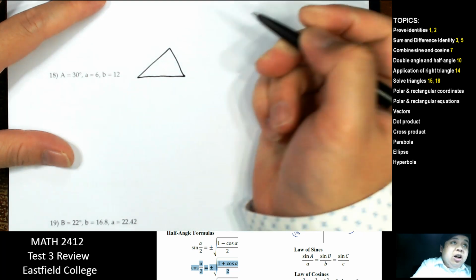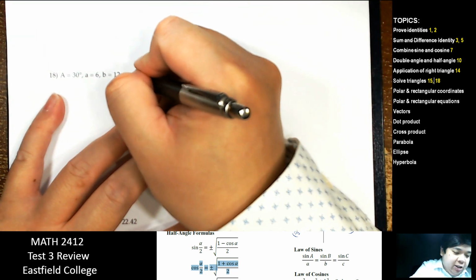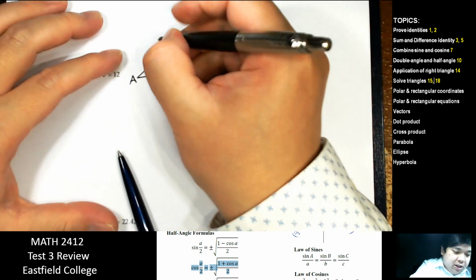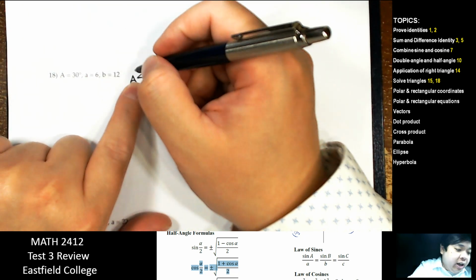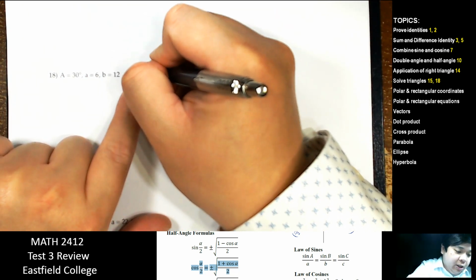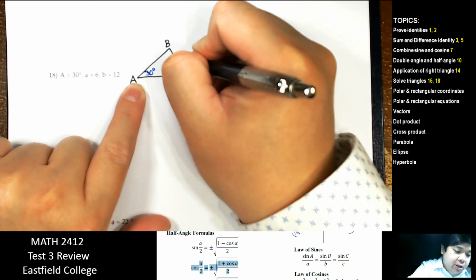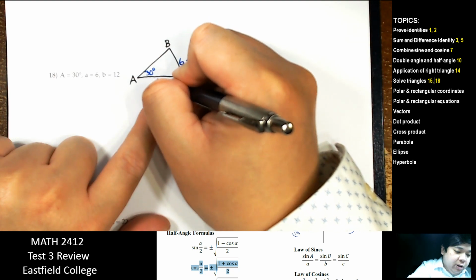Yeah. Just a generic triangle. We have A. We know that A, B, and C. What we know is that angle A is 30 degrees, side a is 6, and side b is 12. Right?